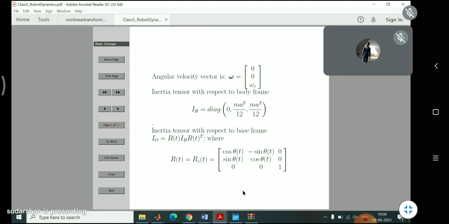The original frame is another coordinate frame, and you have the representation of the inertia tensor with respect to the body frame. You want to see the representation of the inertia tensor with respect to the origin frame, so you do R of t times IB times R of t transpose.